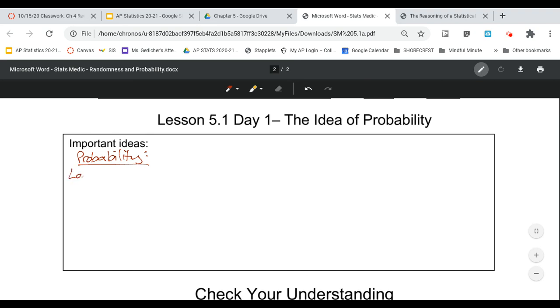Okay, it is a long run relative frequency. It is always between 0 and 1. 0 means something is impossible to happen, guaranteed not to happen. 1 is it's guaranteed to happen, 100% chance of it happening.